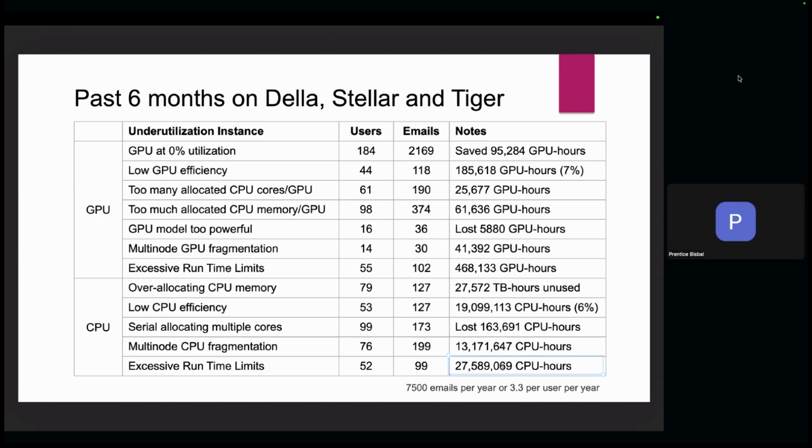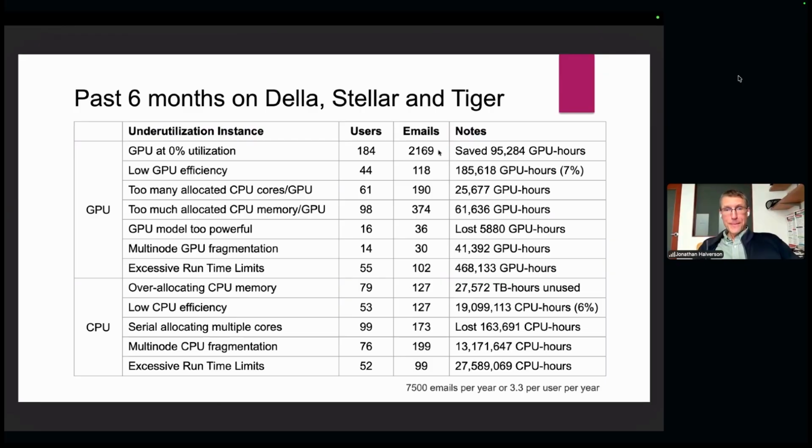Gotcha. Okay. Now, the other thing I'm noticing on this table is that for the GPU at 0% utilization, there's a big discrepancy between the number of users and number of emails you sent out. Can you comment on that? Do you have any insight as to why that is? All I can say is it's computer science people, and I think they're just firing.